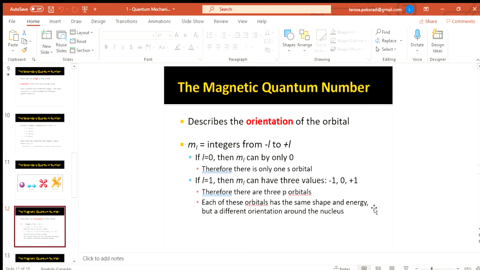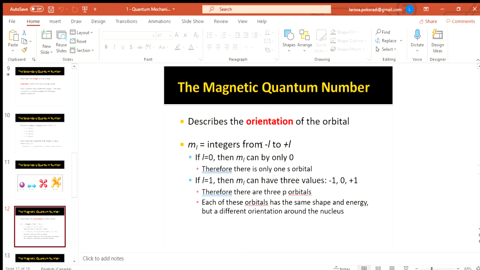We've seen that subshells are l, and that's shape. And then some of those shapes can be oriented in different ways, which is the magnetic quantum number. So depending on what our number is for l, that shows us how many different orientations we can have for it, because it's going to be within that range.